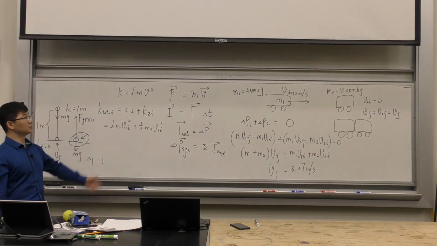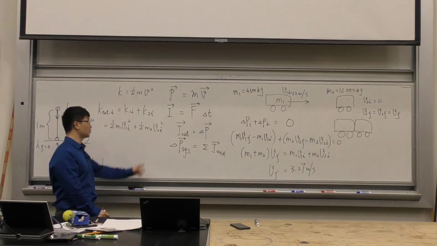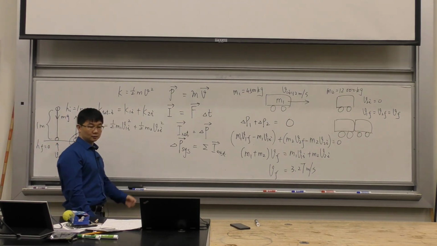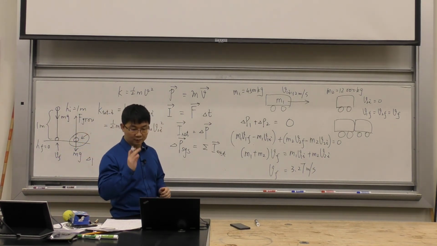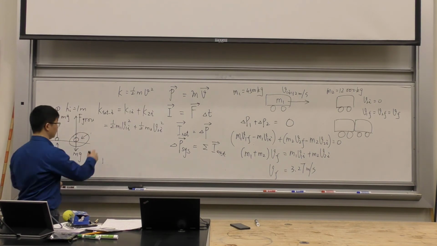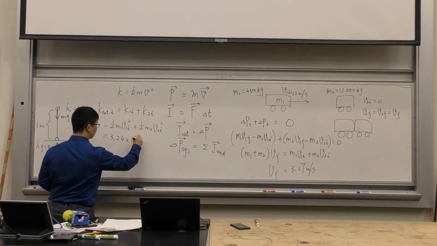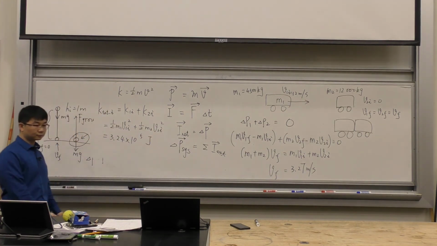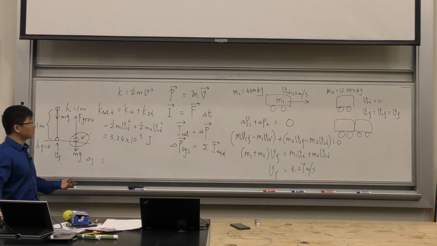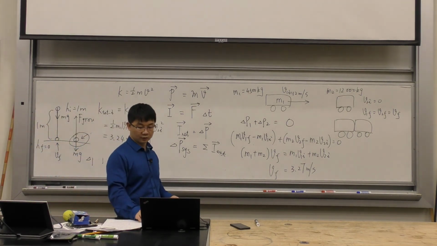We already have these numbers. For the initial velocity, you only need to calculate one term because v2i is 0. All right, so pause the video and find the number. What is the number you got? The number I got is a very large number, 3.24 times 10 to the 5th joules. That's the initial energy of the system before the collision.